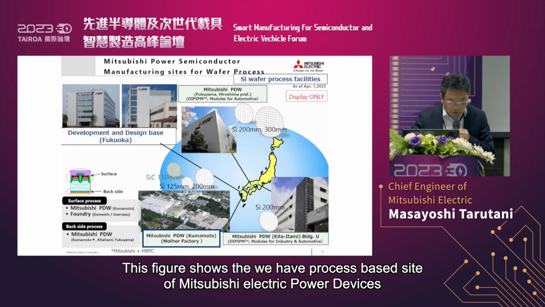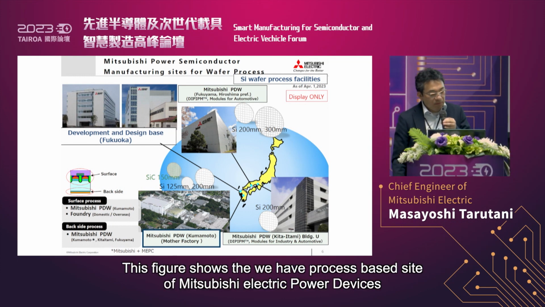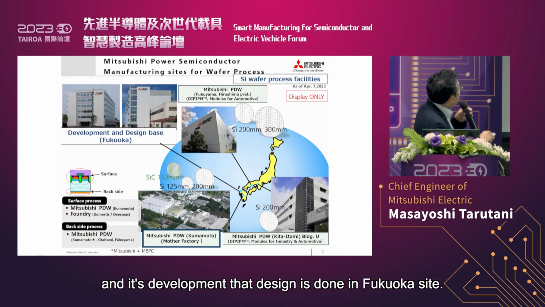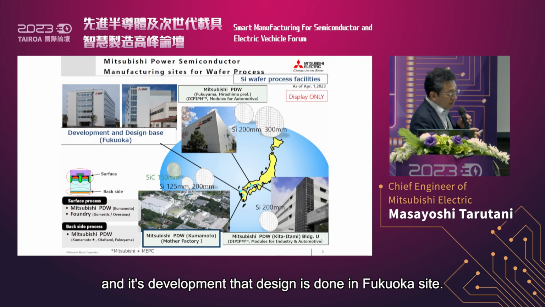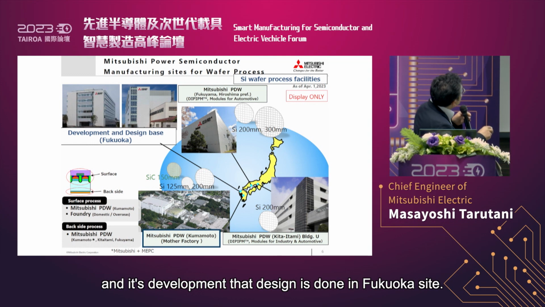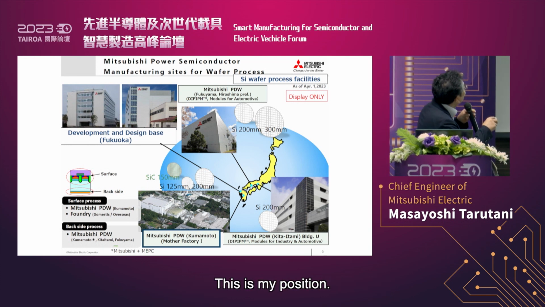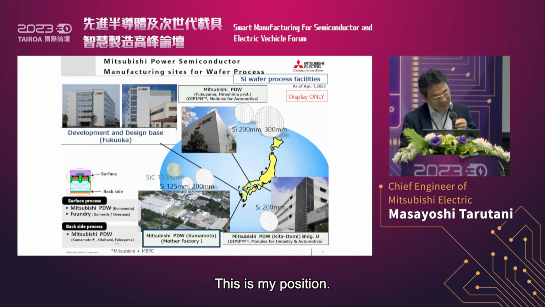And this figure shows the wafer process sites of Mitsubishi Electric power devices. Development and design is done in the Fukuoka site, and I'm sitting on the fourth floor of this building, so this is my position.